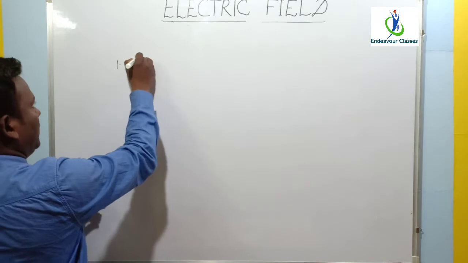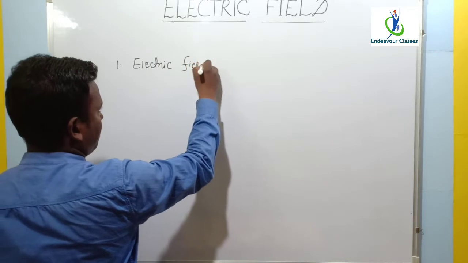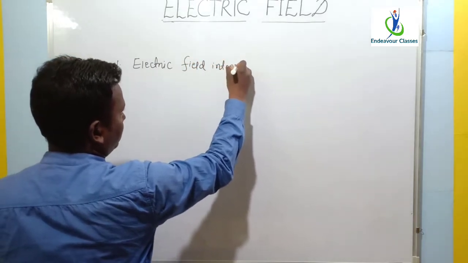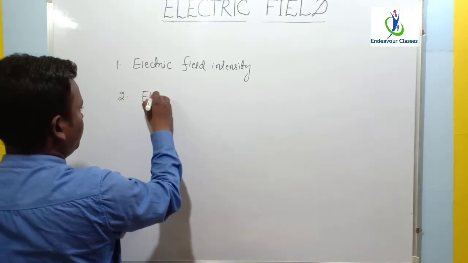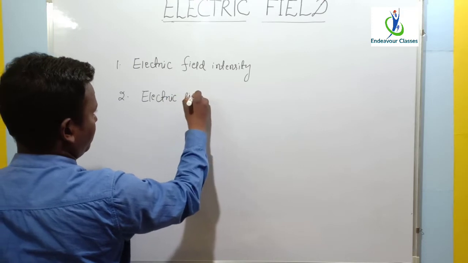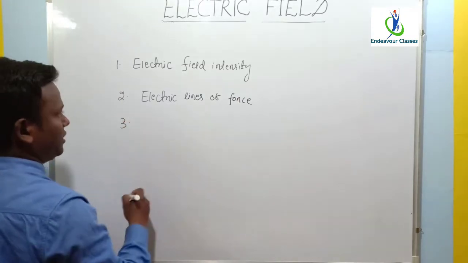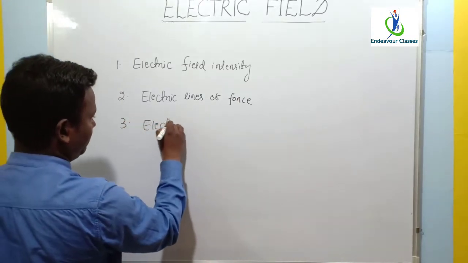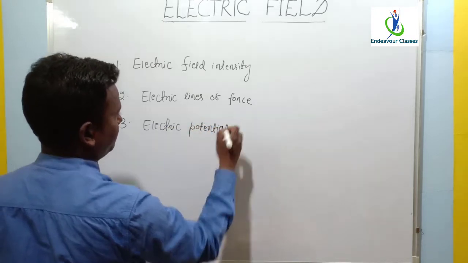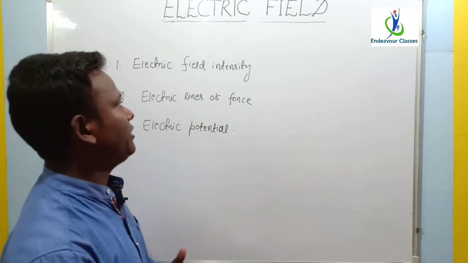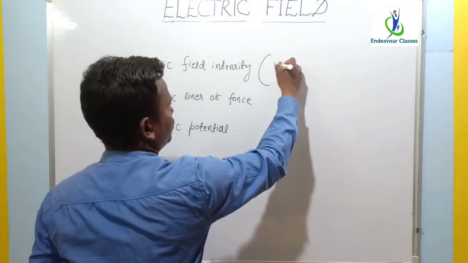One is the electric field intensity, the second is the electric lines of force, and lastly electric potential. So we study the electric field with the help of these three parameters, and this is the vector representation of the electric field.